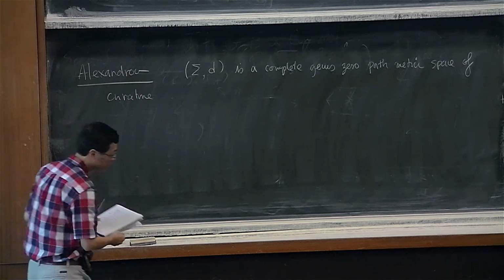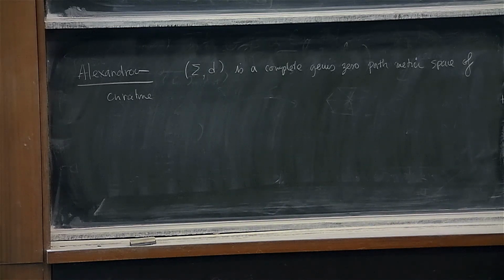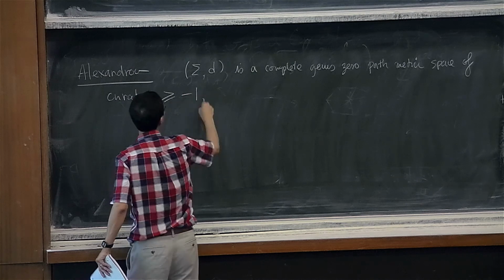This is really, really general, which addresses all the boundaries of convex sets. They may not be smooth, but they all satisfy this condition: the curvature is bigger than or equal to -1.